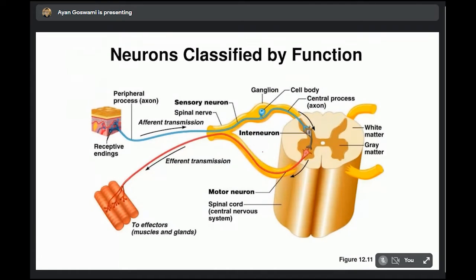Okay. Now you see this picture. So as a whole, this is the spinal cord. You can see the gray matter and white matter, and you see the sensory nerve or afferent, which is green in color over here.